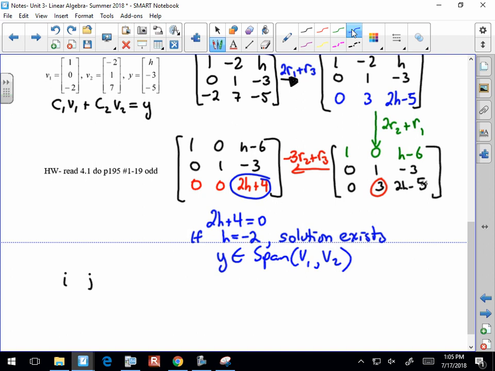So let me just extend this a little bit. So the two relevant vectors, the two spanning vectors, these two guys.